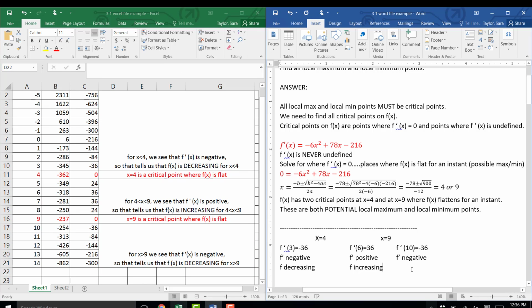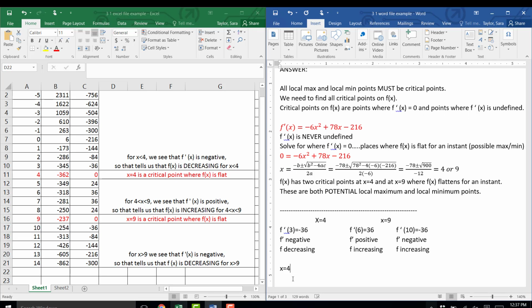So back to my Word file, f is increasing on this interval. So if you can imagine this, it's f decreasing, then f flat at x is 4, then f increasing. That means x equals 4 is a local minimum. It's decreasing before it, it's increasing after it. So it's down and back up.